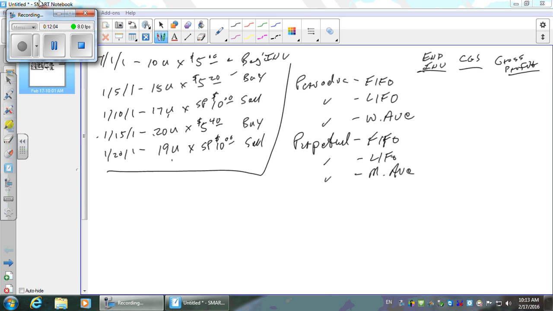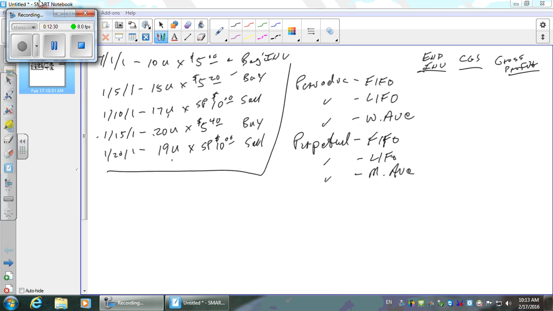All right, let me get this straight. First in, first out. So on January 10th, you sell 17 of them. You take 10 from the first. Now you're going perpetual. Under periodic, we pretend we buy them all before we sell any, because we don't keep track of when we bought them or when we sold them, right? On perpetual, I have to take whatever I own.